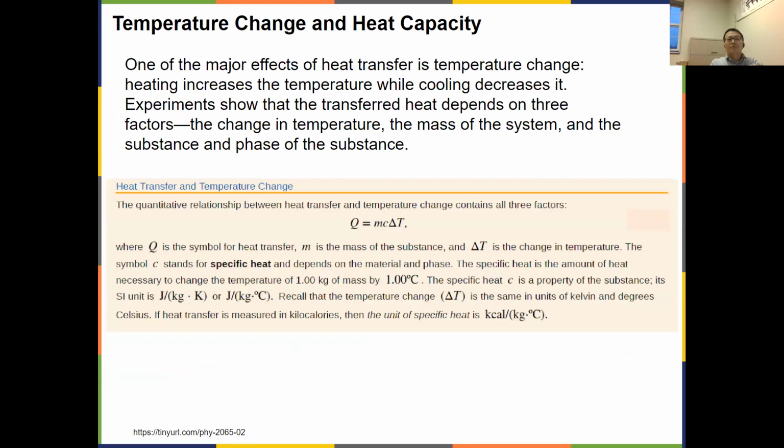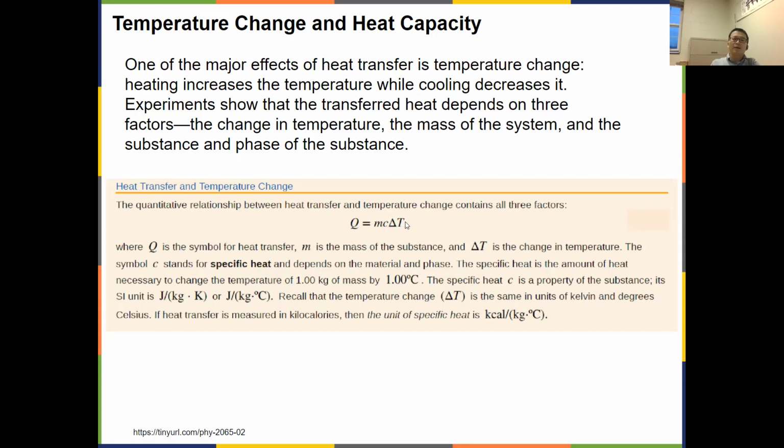All right. If heat is added to an object, then the temperature of the object will increase. If heat is removed from the object, then the temperature will decrease. Put into an equation, Q, the heat added, is equal to the mass of the object times c, the specific heat capacity of the material, times delta T, the temperature change.